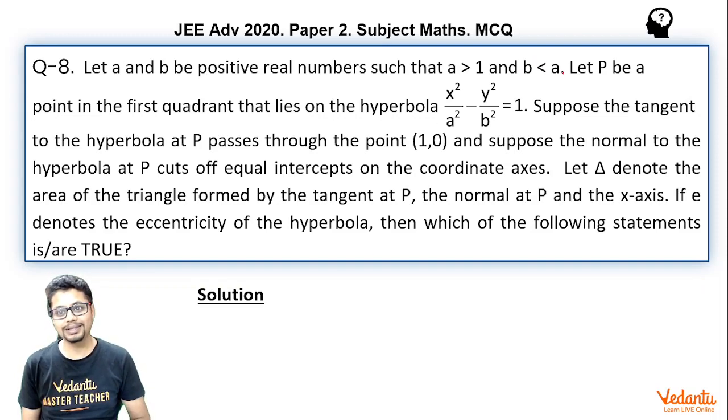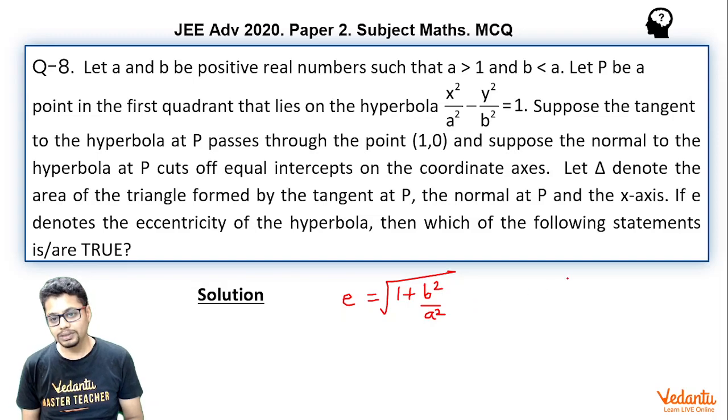Since B is less than A, and A is the length of the semi-transverse axis and B is the length of the semi-conjugate axis, eccentricity is equal to under root 1 plus B square by A square. Now since B is less than A, B square will be less than A square, so B square by A square would be less than 1.